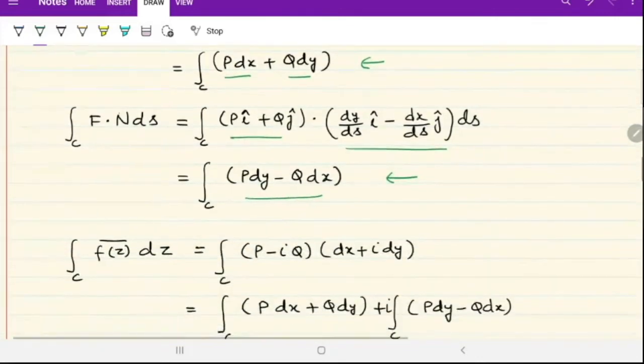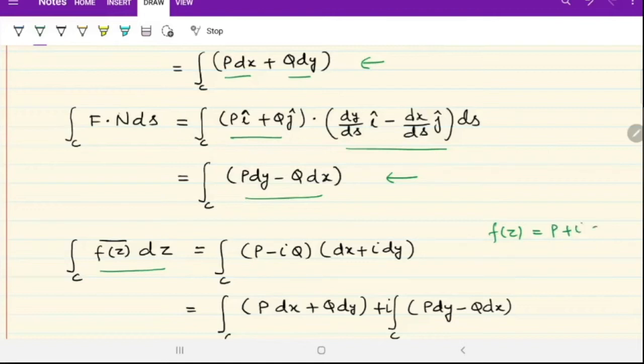Now let's compute the contour integral of f(z) conjugate. Right? f was P plus iQ, so its conjugate will be P minus iQ. And if I write z equals x plus iy, then dz can be written as dx plus i dy.